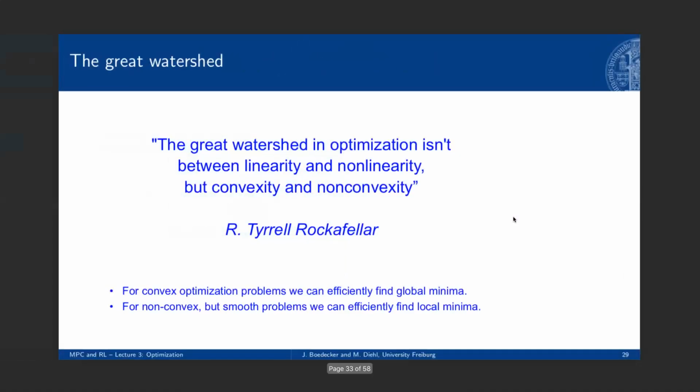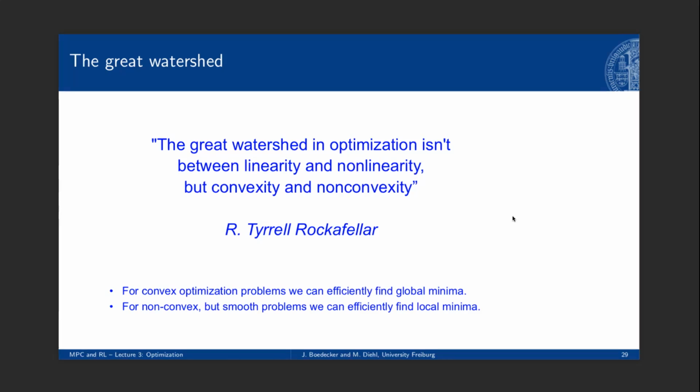So before I do a break for discussion, I want to give a famous quote. Whenever you formulate and solve optimization problems, don't forget the big watershed in the field of optimization. Here I cite a famous convex optimizer, Rockafellar, who said the great watershed in optimization isn't between linearity and nonlinearity, but between convexity and non-convexity.